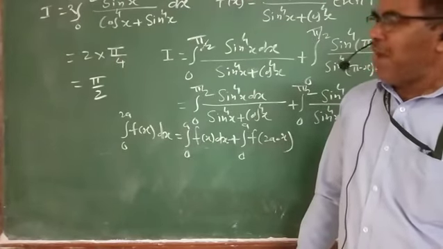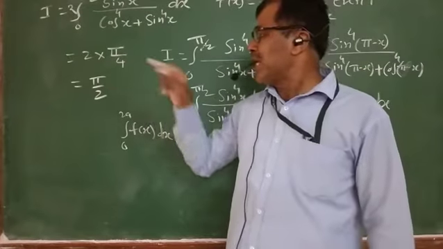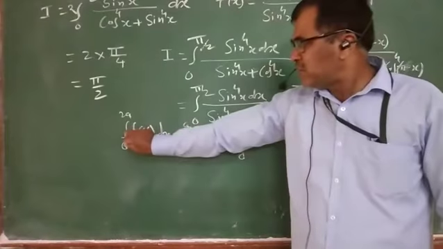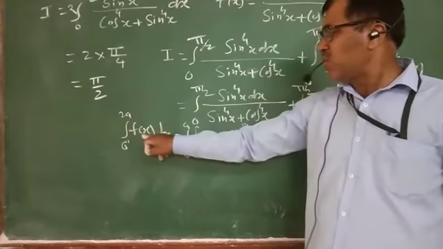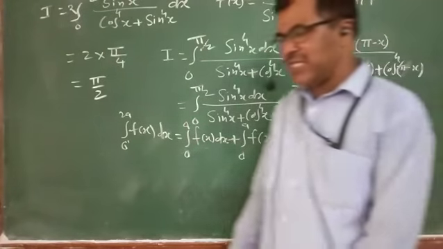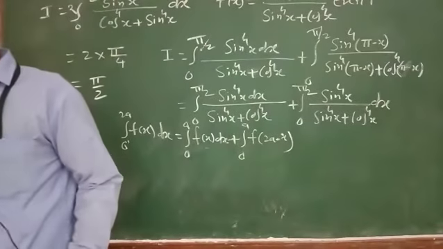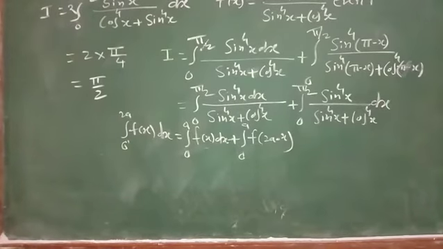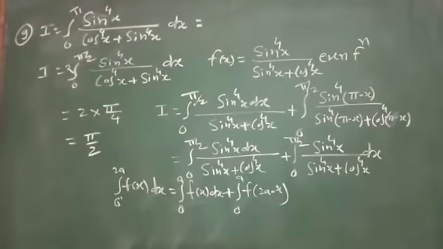Answer is pi by 4. 2 into pi by 4, we get pi by 2. We use the property 0 to 2a f of x dx equal to 0 to a f of x dx plus f of 2a minus x. That is the answer of the given question.